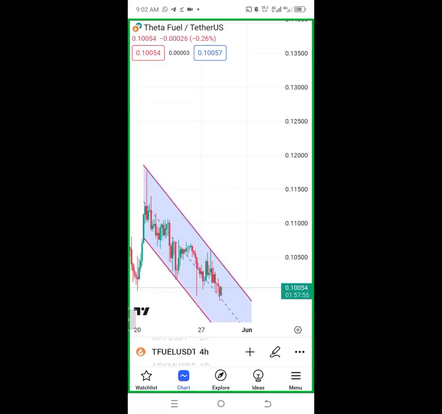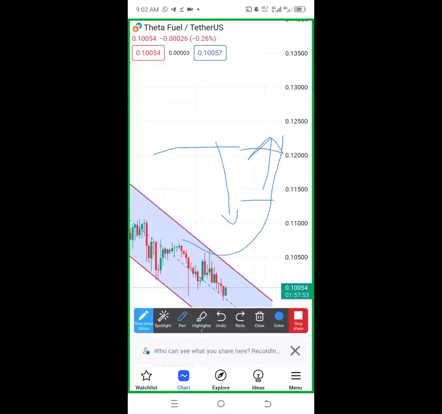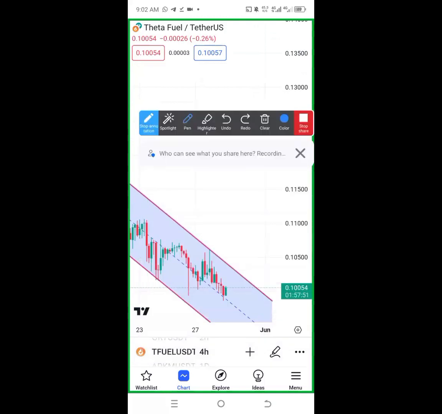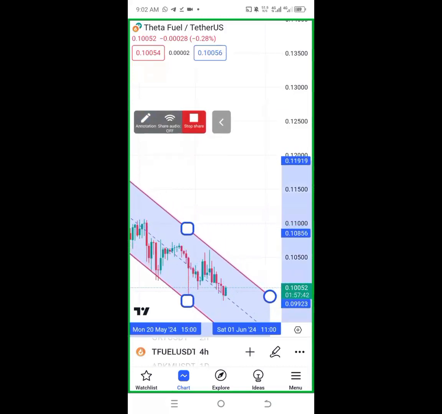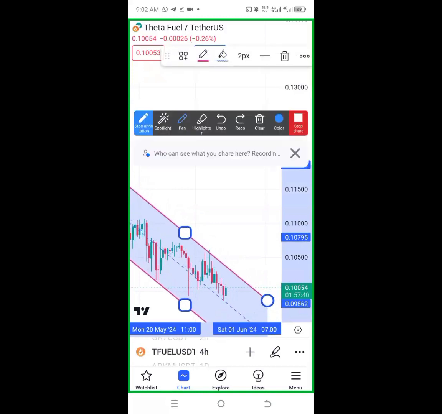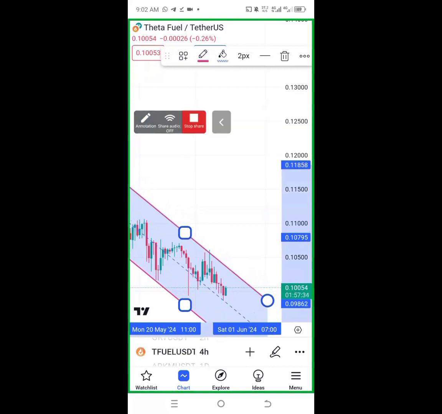For example, if you take this as a mini support point, which is supporting this price, like we are seeing through the formation of this bullish candle, you can tell that if I enter at this point, my take profit will be at this resistance, right? So that means you can measure that distance.